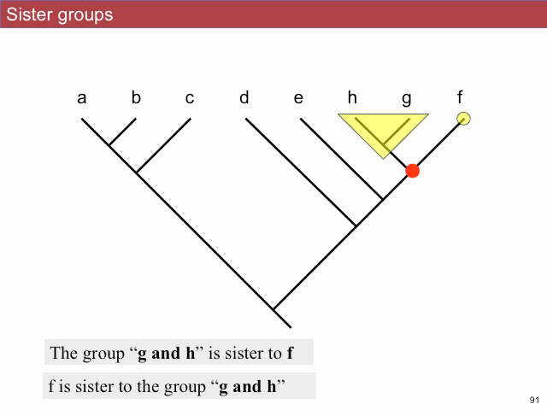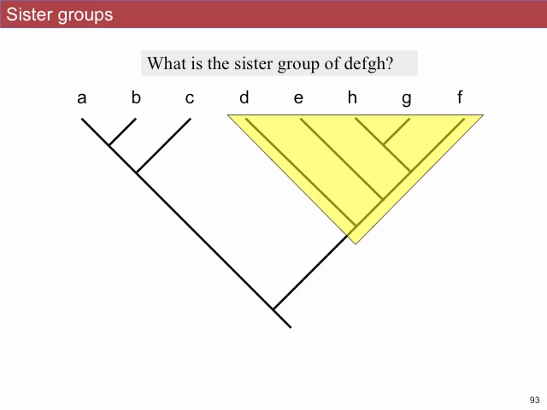So any sets of two, either groupings or individual taxa, that are each other's closest relatives. That is, the two things that you are saying are sisters to each other are the two descendants of a common node. So in this tree, for example, A and B are sister taxa to each other.